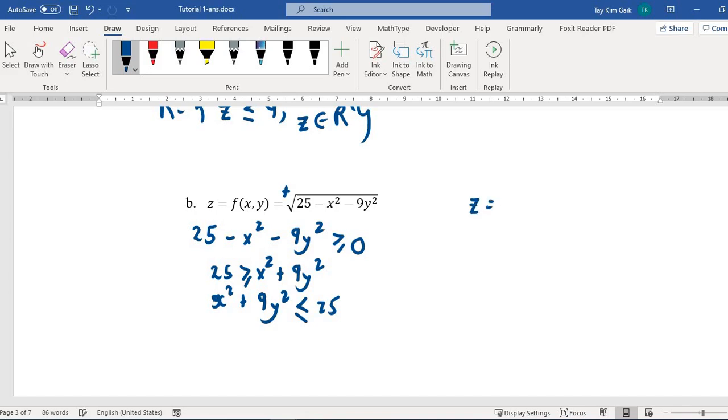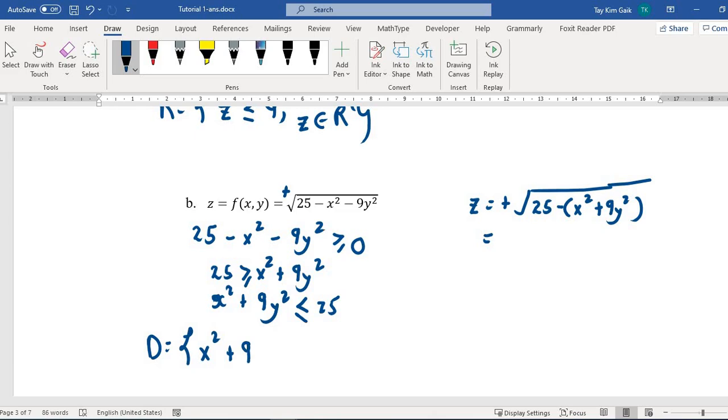Plug in your domain: x squared plus 9y squared less than or equal to 25, where x is a member of real number, y is a member of real number.